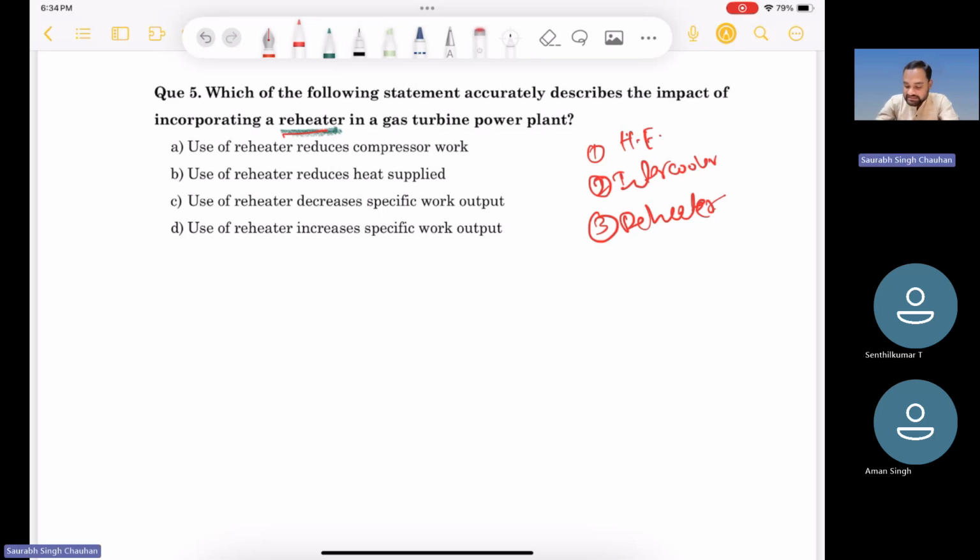As the name suggests, we are reheating. For reheating, we will require another combustion chamber, and after the combustion chamber, we will require another turbine. So instead of extracting the whole work output in one stage, we are using multiple stages to get the work output.